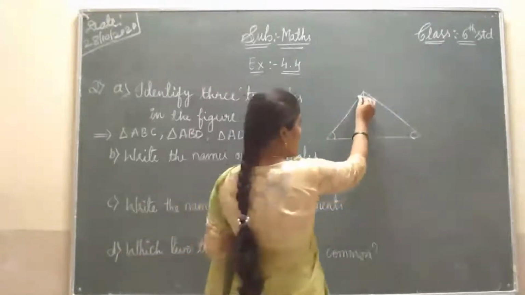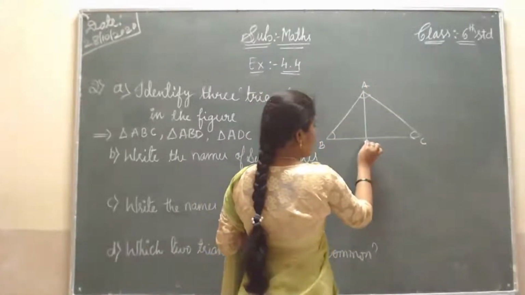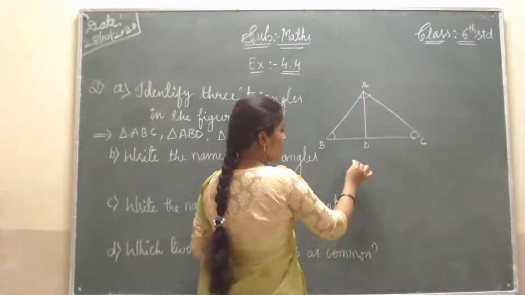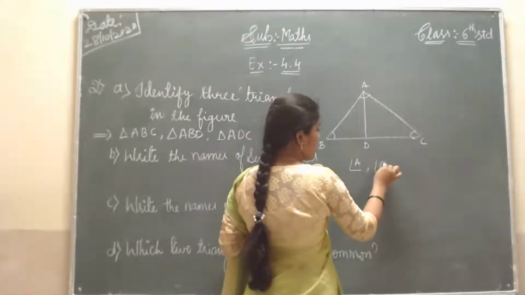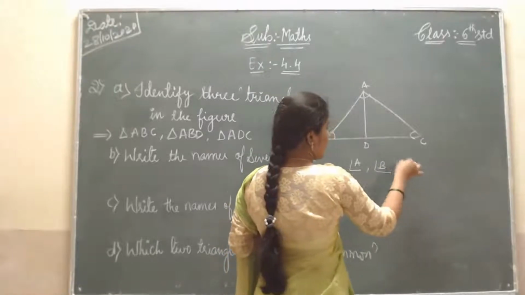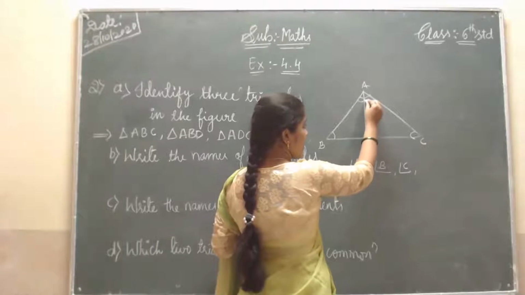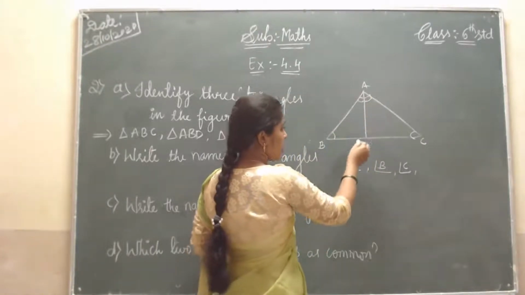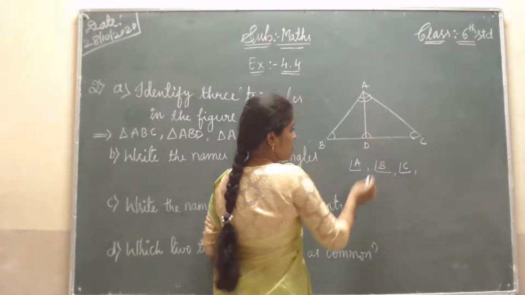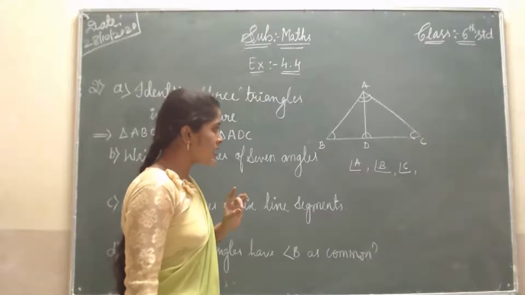So in this, angle A, angle B, angle C, angle D. Angle B is another angle, angle C, and this one is another angle, because these are the angles of this separate triangle. So angle A, angle B, angle C.